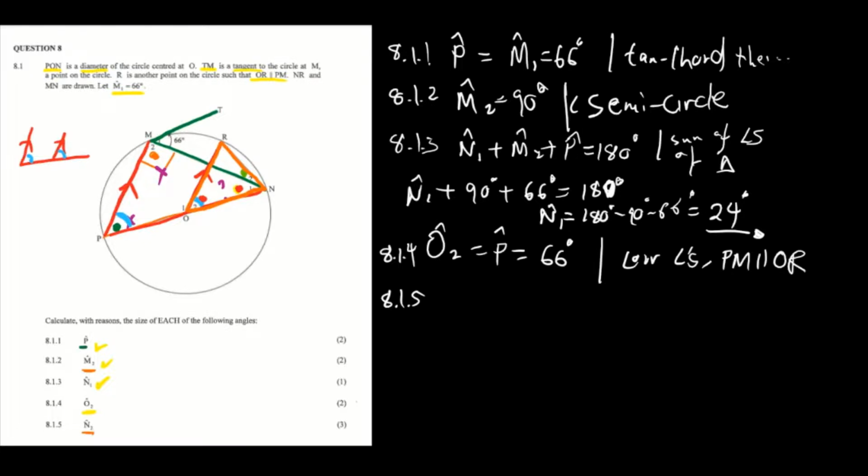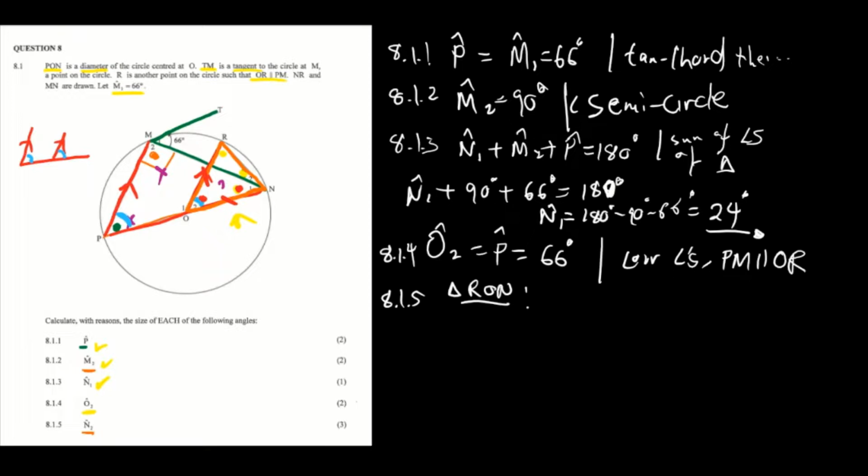The angles that we don't know are angle R and angle N2. What we need to note is that ON is equal to OR.